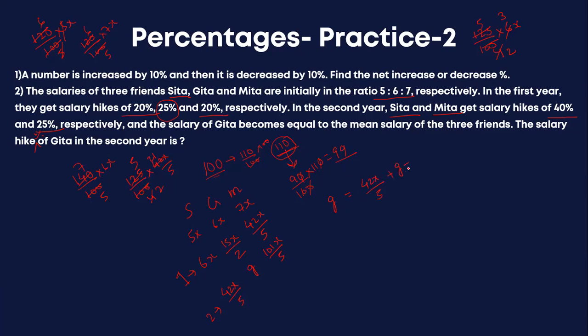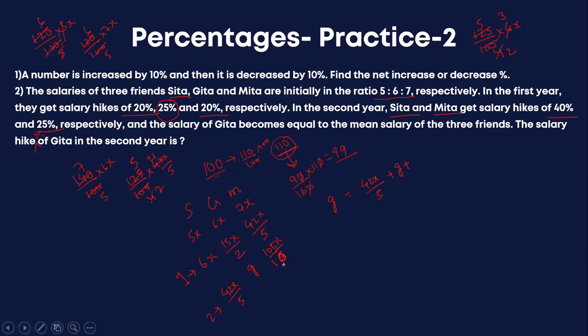Geeta's salary is G plus, what was this salary? Wait, just a minute. 105 it was, right? If I'm not wrong. Wait a minute. 21 into 5, 105, 5 twos are 10. Yeah, 105x by 10 this is, right? 42x by 5 plus G.